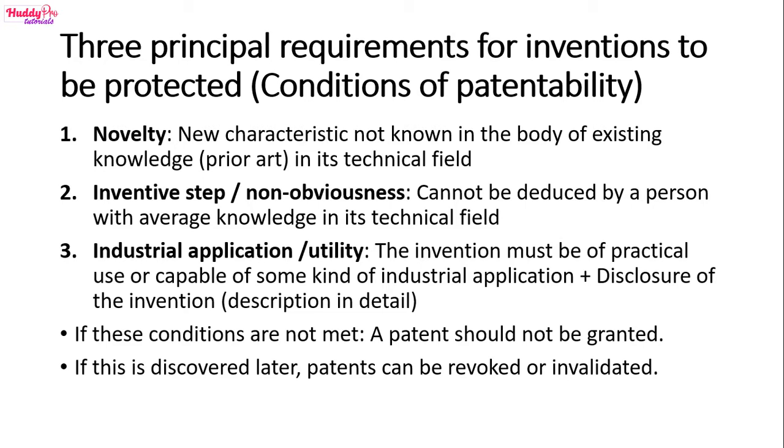Okay, now if these conditions are not met, a patent should not be granted. If they discover later that these conditions are not met, the patents can even be revoked or made invalid.